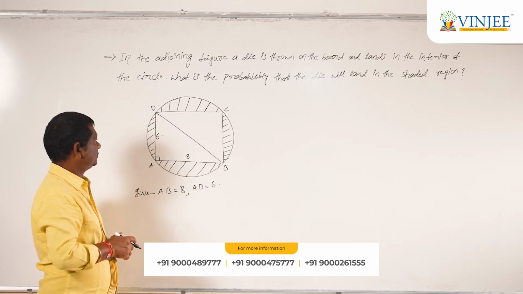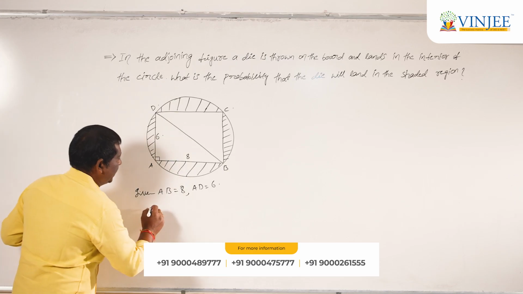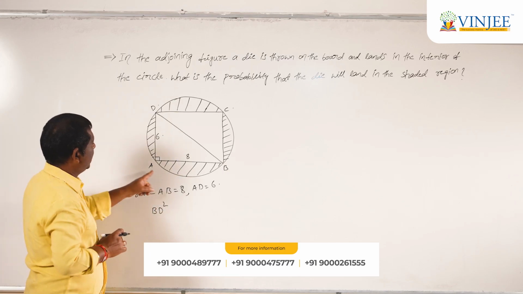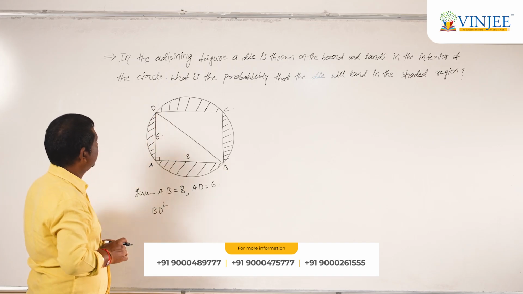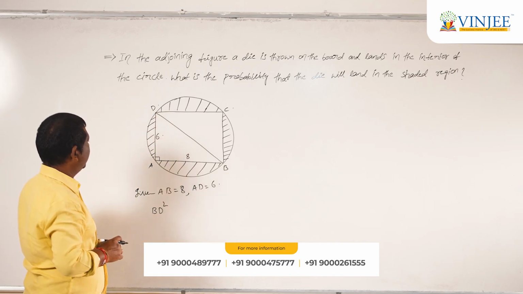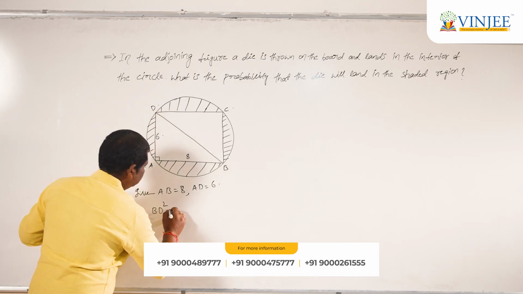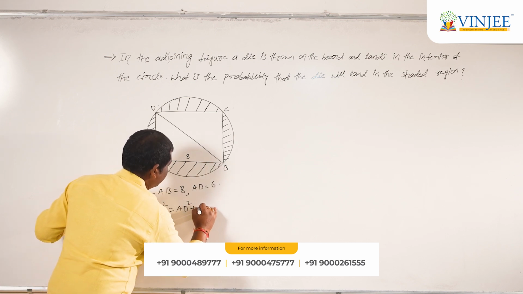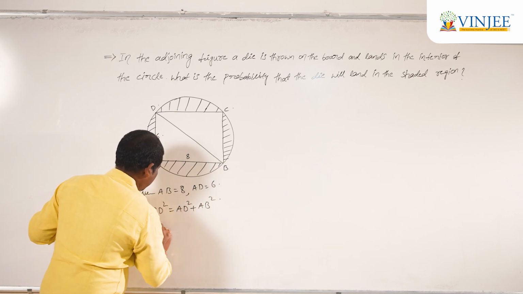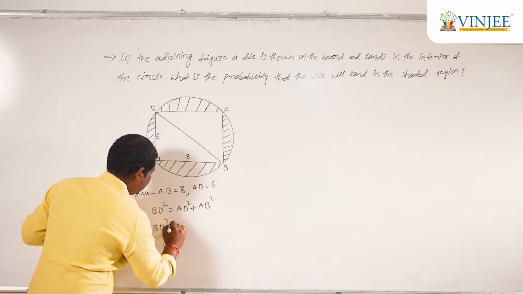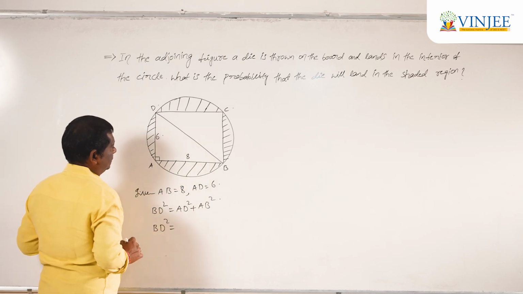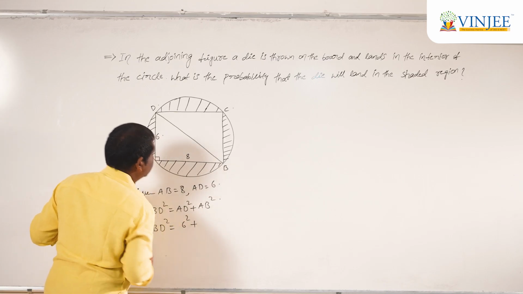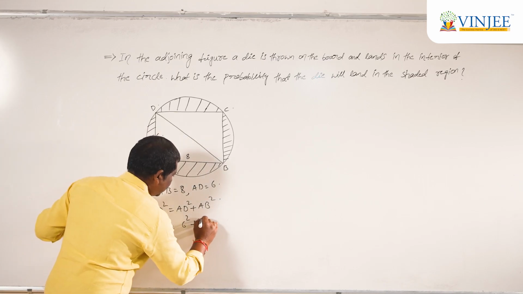Now I will calculate BD. This is a right angle triangle ABD. Therefore BD square equals AD square plus AB square. BD square equals 6 square plus 8 square.